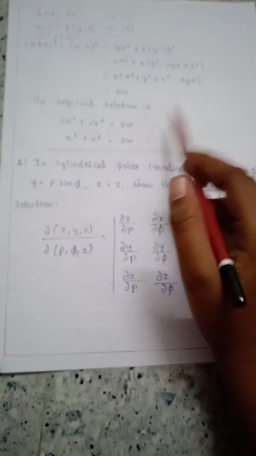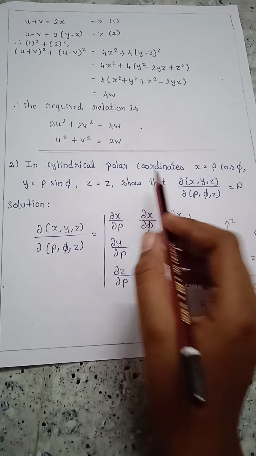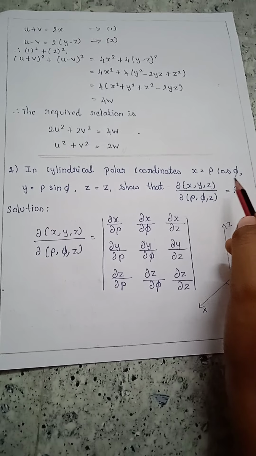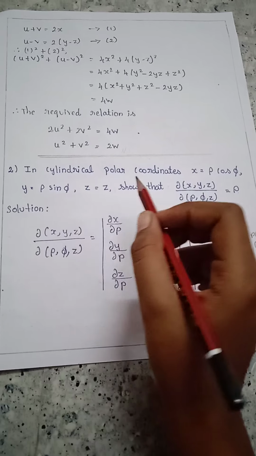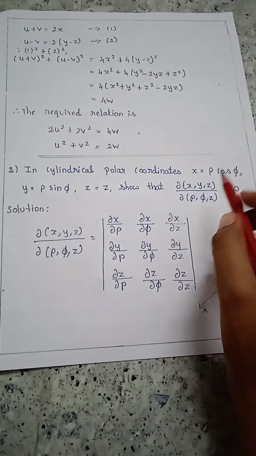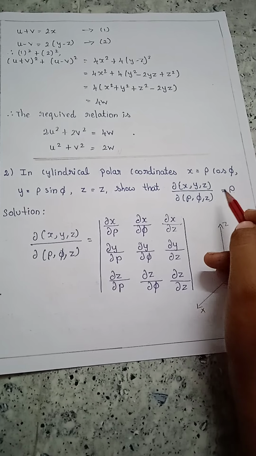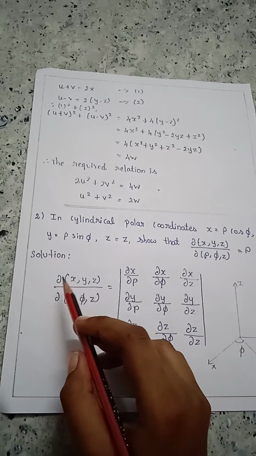This question is completed. Next, the second one: in cylindrical polar coordinates, x = ρ cos φ, y = ρ sin φ, and z = z. Show that ∂(x,y,z)/∂(ρ,φ,z) is equal to ρ. So here the same formula.